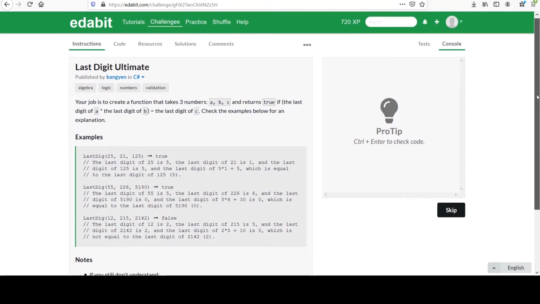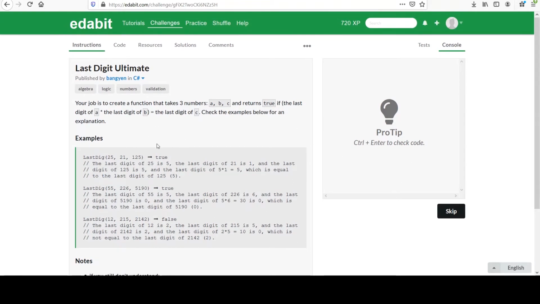The basic idea is that you're passed 3 integer parameters and you're going to multiply the first 2 together and ensure that the last digit is equal to the last digit of the third parameter. So let's go to example 2 to see what I mean. Consider you have 55 and 226.